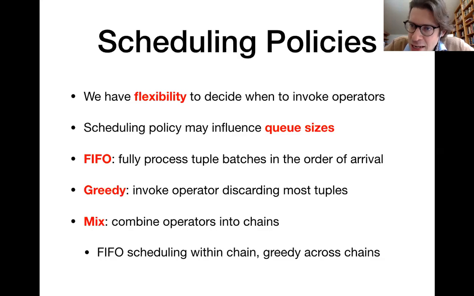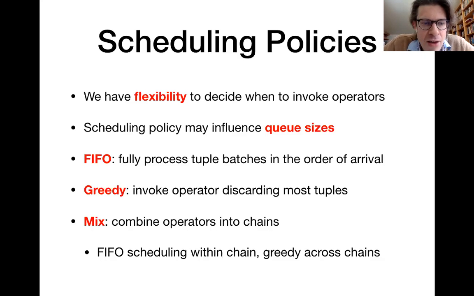There's also the greedy policy, which essentially means that we don't necessarily call operators in a fixed order. Instead, we will always call the operator that can probably get rid of the most tuples in the system. So here we greedily try to get rid of tuples as quickly as possible. And then they also propose some mixed strategies.